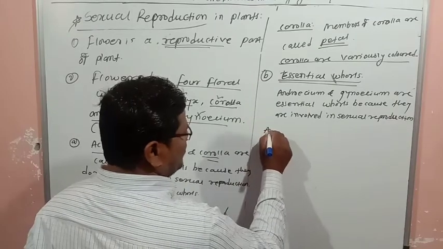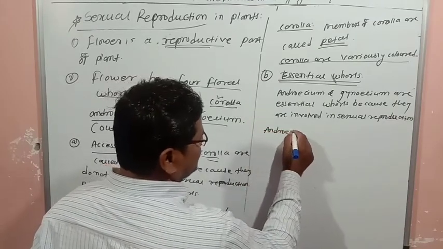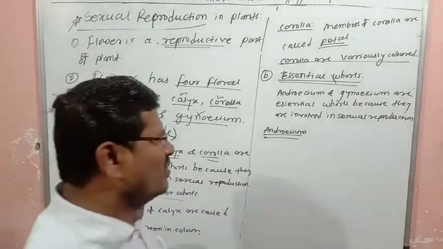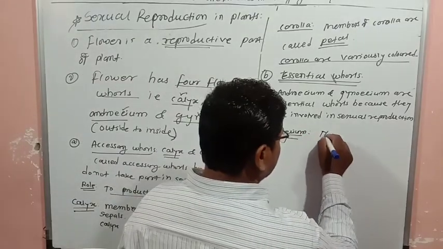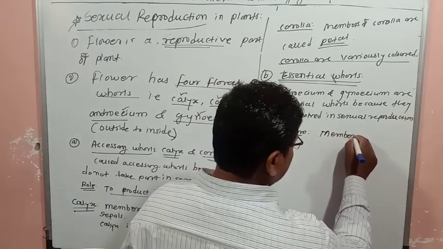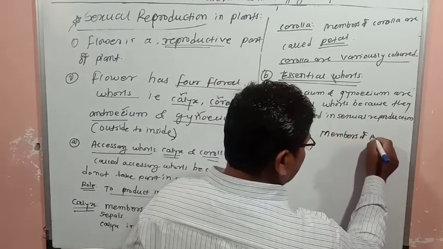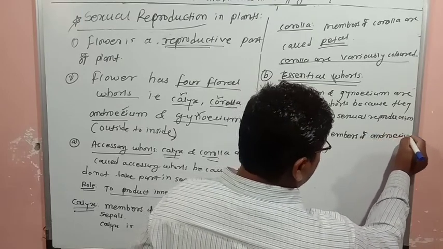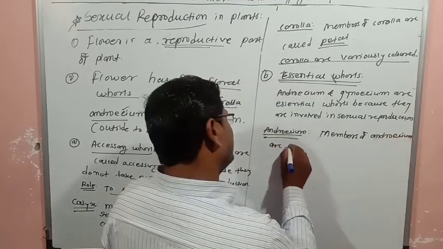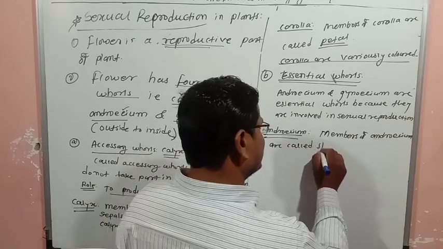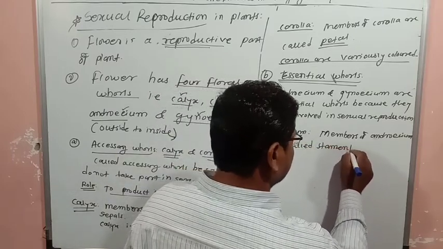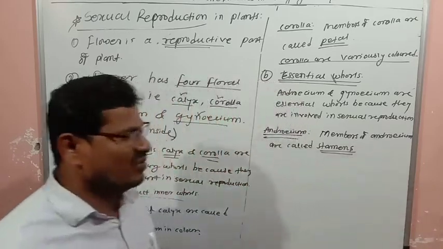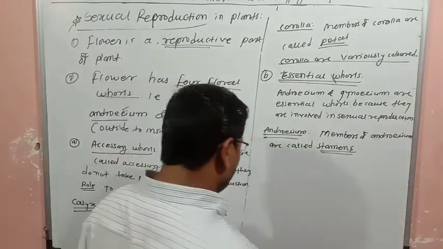Again, about androecium: members of androecium are called stamens.